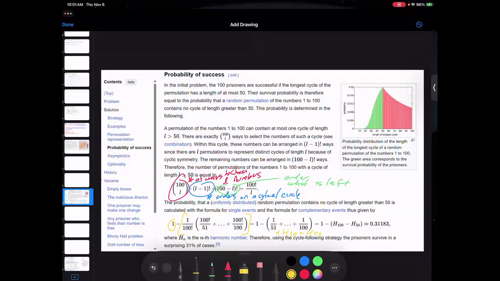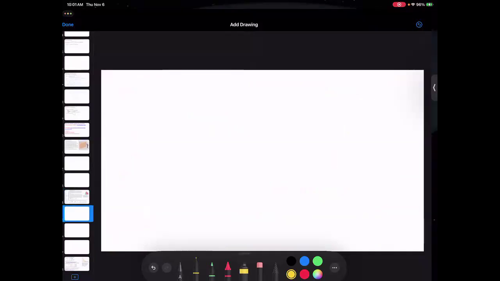And when we add H50, that's the sum of 1 plus 1/2 plus 1/3 all the way up to plus 1 over 50. So then I had 1 over 51 plus ... plus 1 over 100.